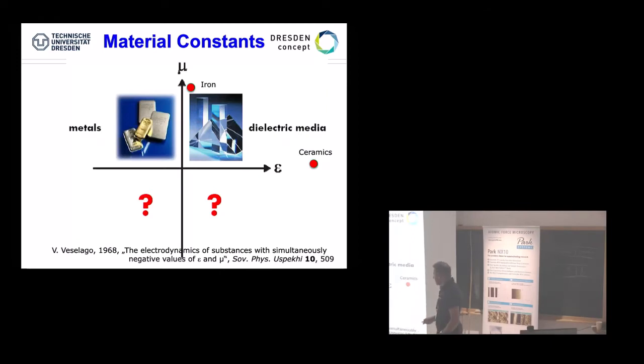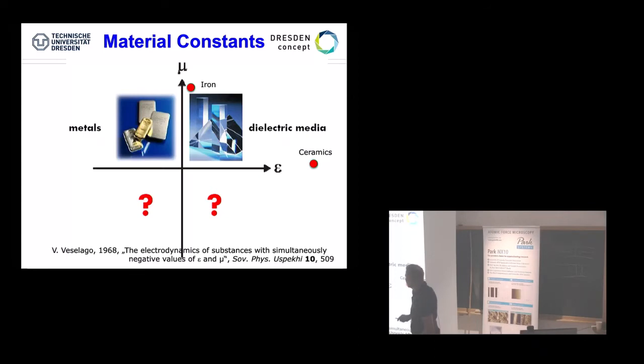And in fact, there's a very nice paper by Veselago from 1968 who was saying, well, the electrodynamics for even negative values of epsilon and mu is very interesting. And this is something that has been really, until the year 2000, very much overlooked. So why not to go and really redo that at really negative epsilon values?